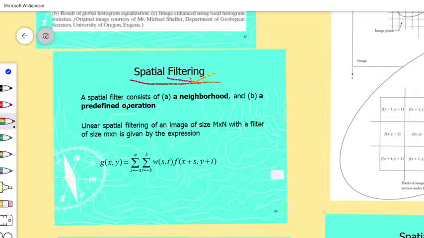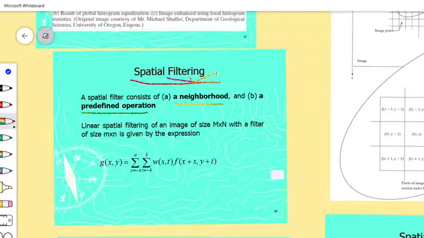A spatial filter consists of a neighborhood and a predefined operation, which means a neighborhood pixel value and a predefined operation.